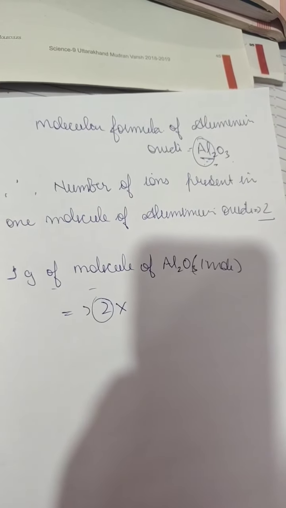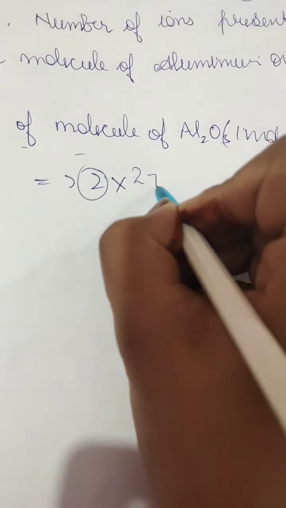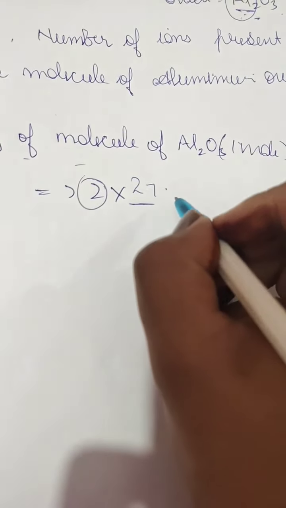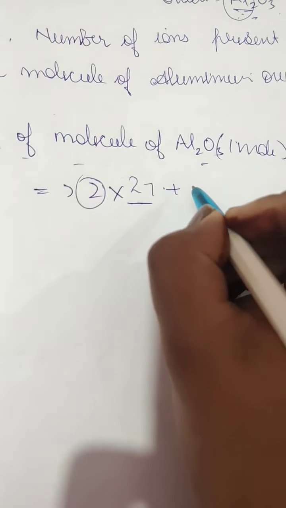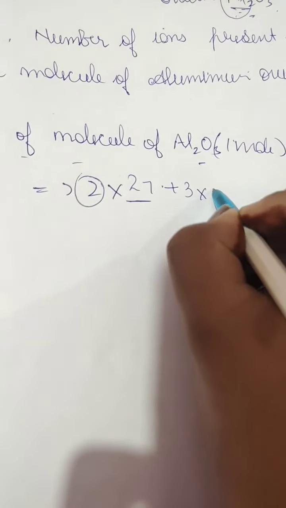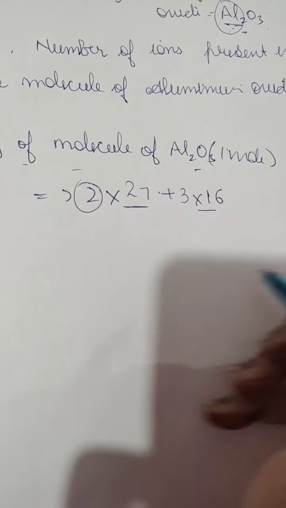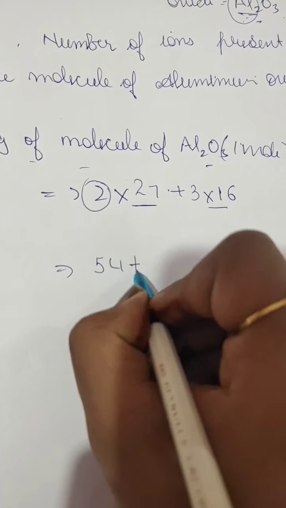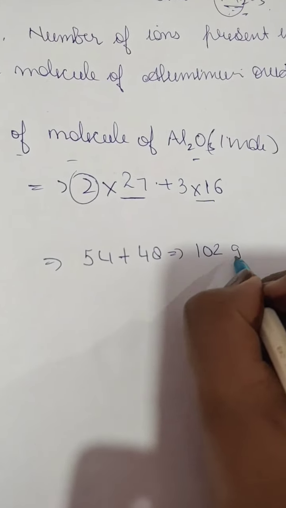So basically what we'll do here is 2 into 27, because 27 is the atomic mass of aluminium, plus 3 into 16, because 16 is the atomic mass of oxygen. So it will be 54 plus 48, which is 102 grams.